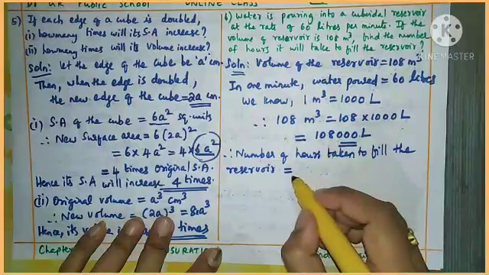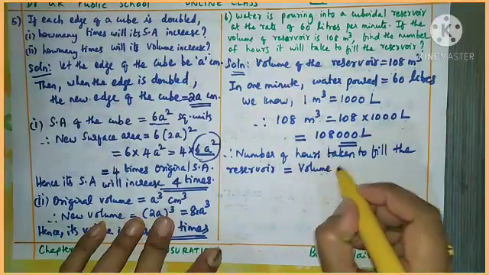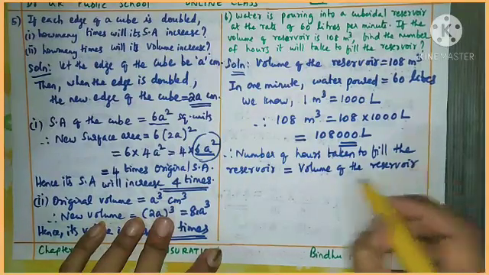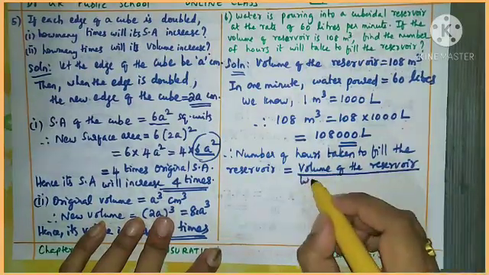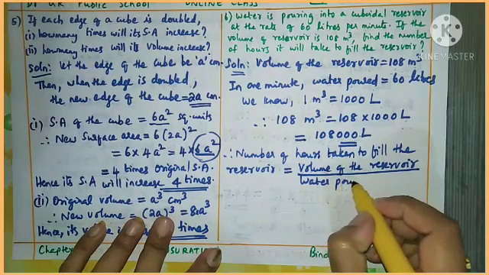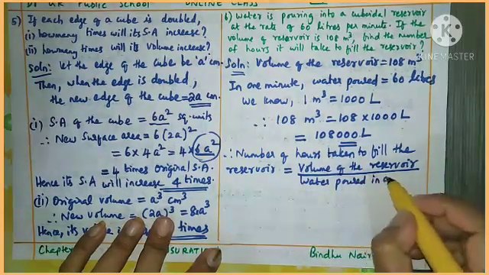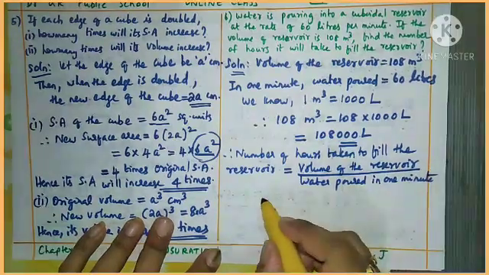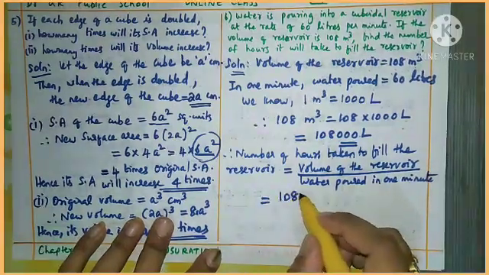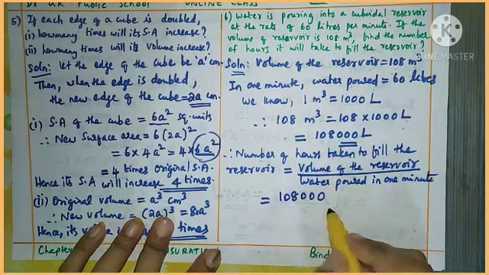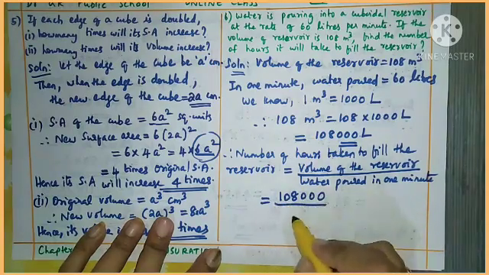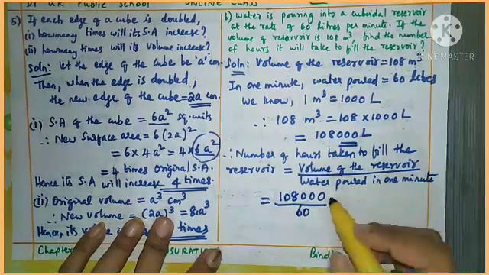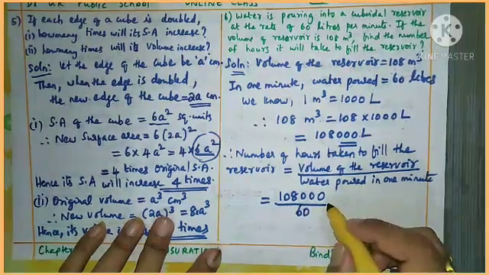That is, we want to divide volume of the reservoir divided by water poured in 1 minute. Divide the two answers. So what is the volume total? 108000 divided by, in 1 minute we have 60 liters. Okay? Yes.